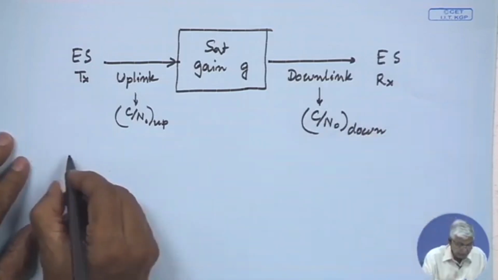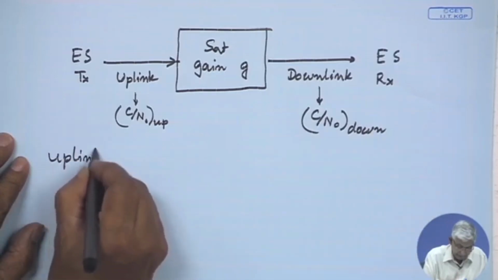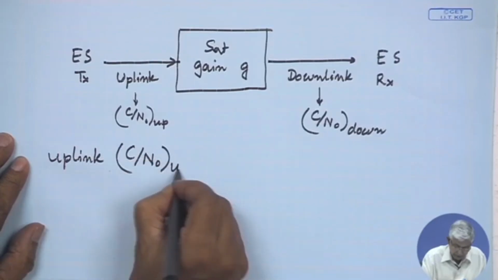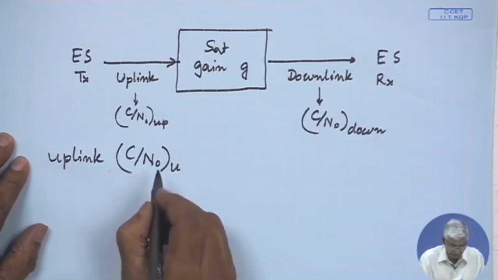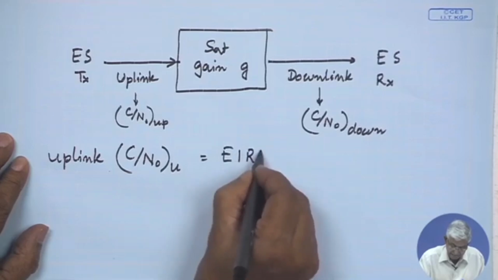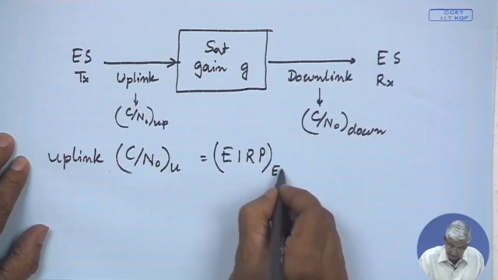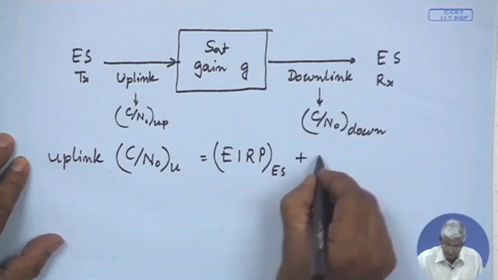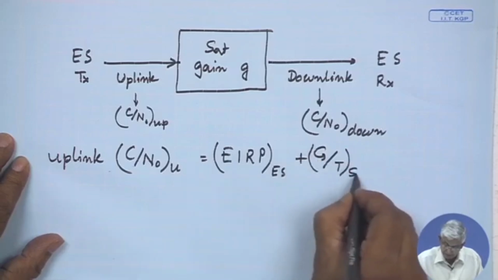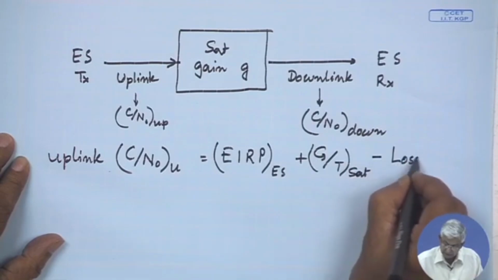So, we can write separately, for the uplink path, C by N0, let us call it U instead of up, is the EIRP of the earth station plus G by T of the satellite minus loss.